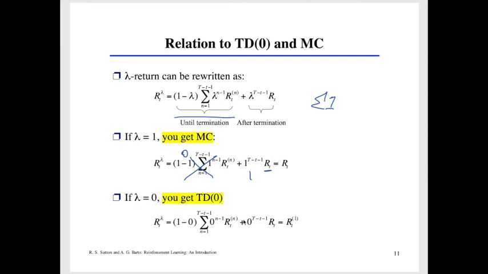And for lambda equals 0, this becomes 1, this gets crossed out, and this becomes 1 only in the case for the first one, where n equals 1, and in the other cases it's 0. And so you just get your one-step return, which is R_t plus gamma V(s_t+1), right? Have that right, yes.